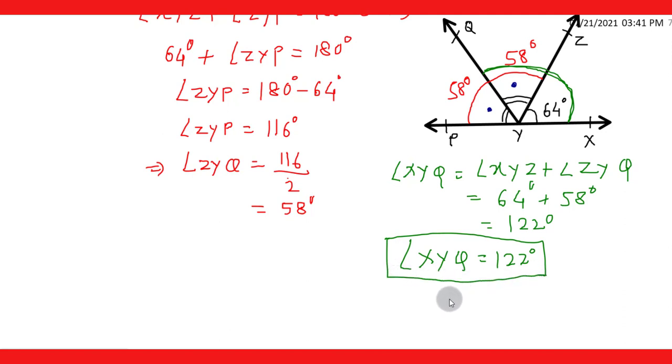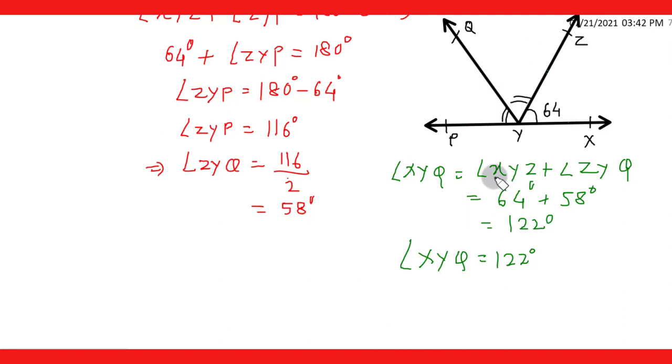Now you have got the angle XYQ. Now you have to find the reflex angle PYQ. It's the reflex angle you have to find. So I first delete this part. Now what do we have to find? We have to find this angle, meaning the reflex angle of angle PYQ.